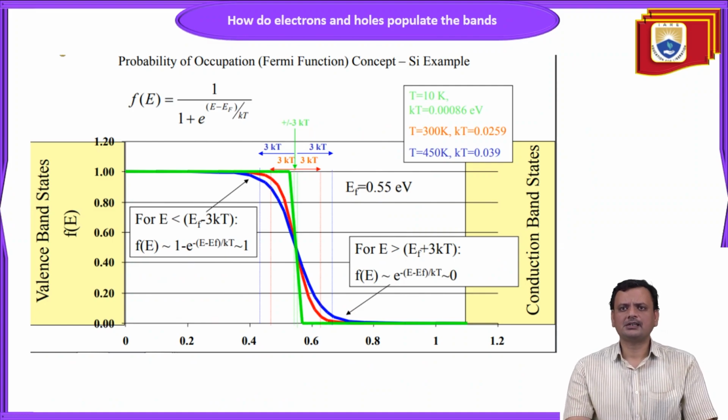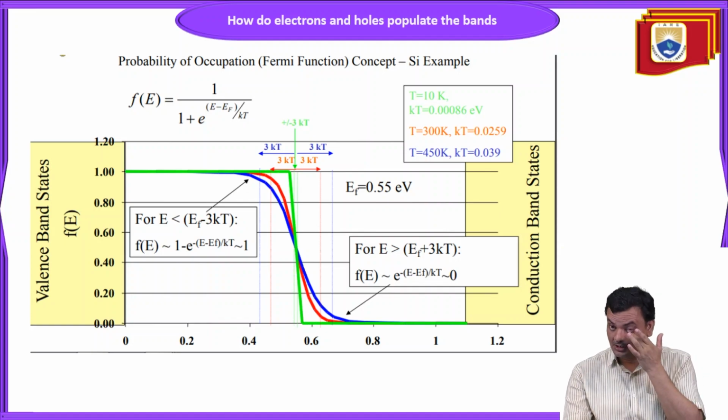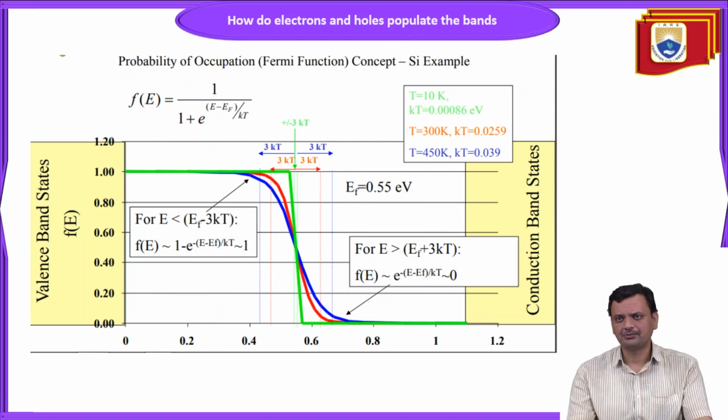Now let's discuss some practical cases which have already been simulated. Here we are going to discuss a curve of probability of occupation for the silicon case. For the case study, they have taken three temperatures: T equal to 10 Kelvin, T equal to 300 Kelvin, and T equal to 450 Kelvin.